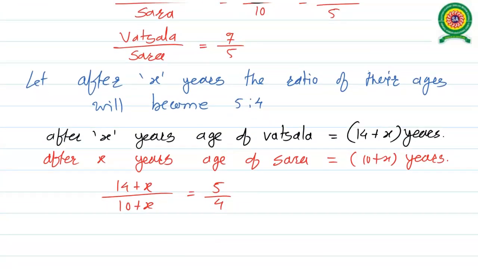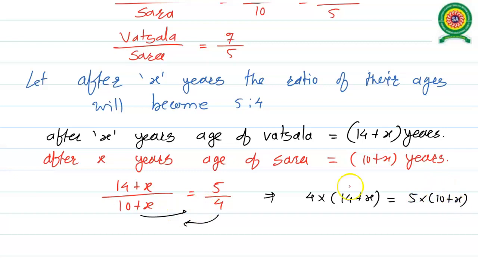Now we have to evaluate ultimately the value of X here. So try to use the cross ratio test. Shift 4 and 10 plus X respectively from RHS to LHS and LHS to RHS. After shifting, 4 is a divisor, it will become a multiplier to 14 plus X. That is equal to, after shifting 10 plus X from LHS to RHS, 10 plus X is a divisor, so it will become a multiplier to 5.